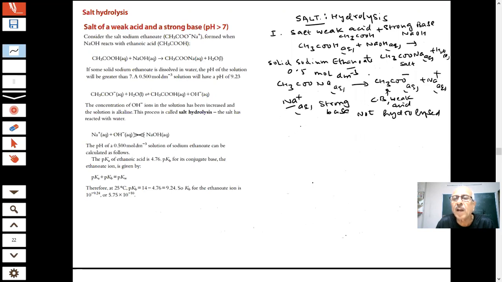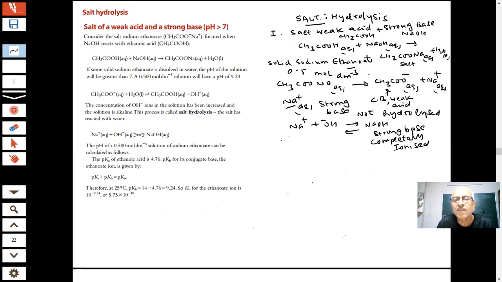Because if it reacted, it would form Na plus OH minus, that is NaOH, and NaOH is completely ionized because it is a strong base. So it will give back the ions. Therefore, this is only a spectator ion.